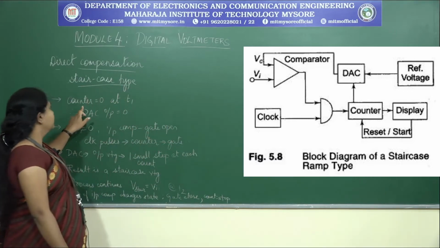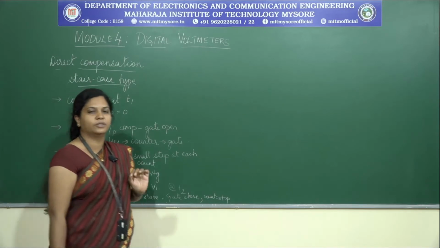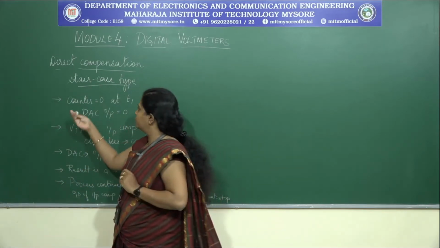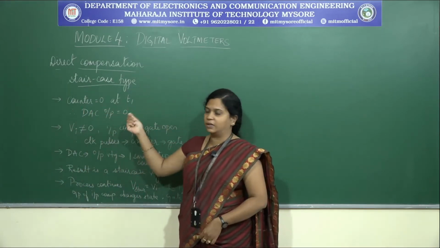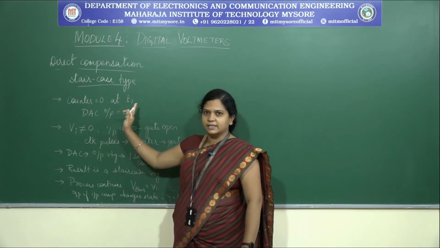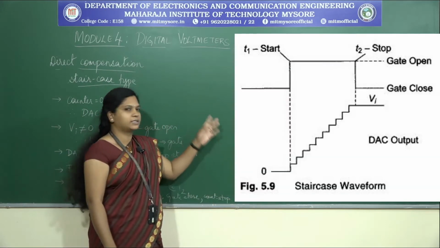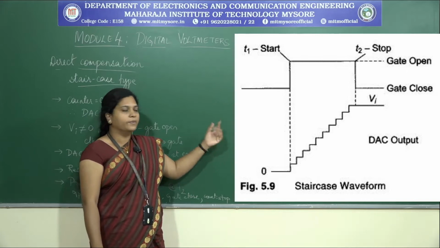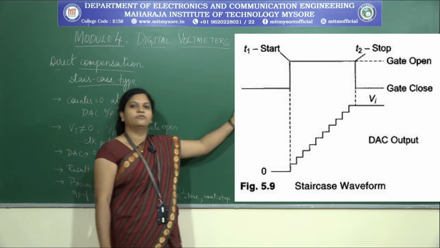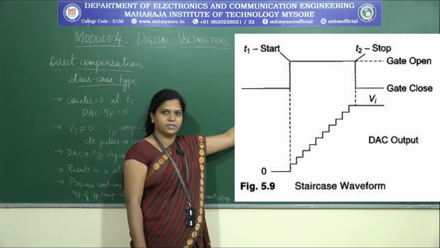We have written it here. Initially, at the start of the conversion process, we keep the counter equal to 0, at the instant, let us assume, T1. Now, you can also see the staircase waveform, which starts at T1 and follows up to the end of the process, that is T2.